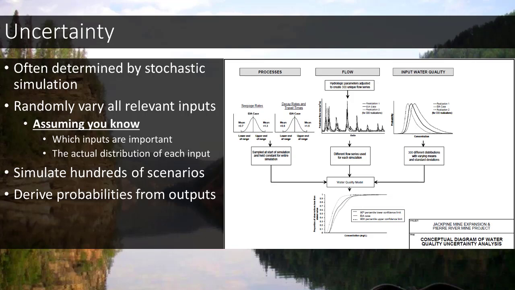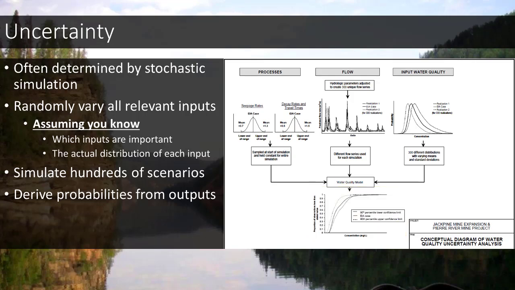And so what we'll do, in a stochastic simulation, is the model will randomly pick from each one of these distributions, pick one value, run it through, run another simulation, pick a different value from each of those inputs, run that, and run it several hundred times, and then we have a probability bound that we can actually apply some sort of a probability to each value.